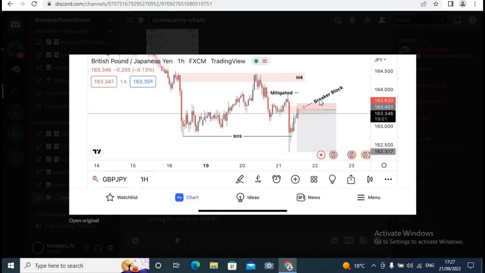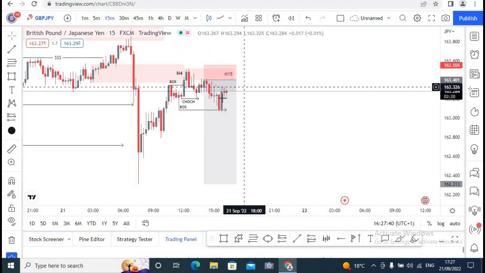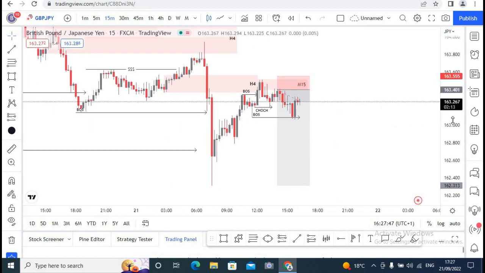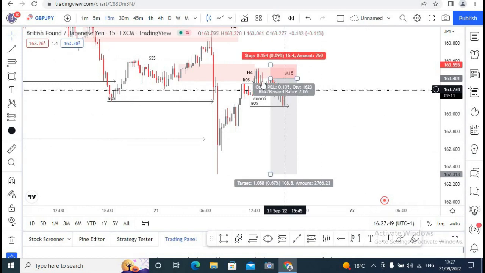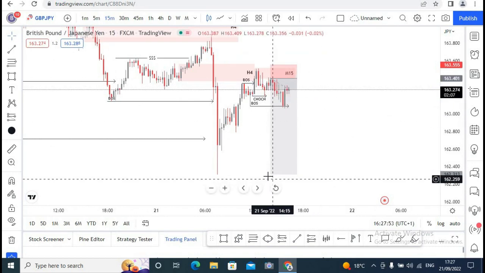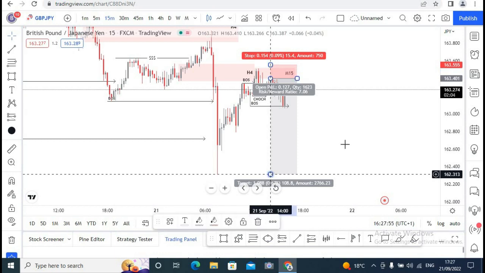Now the price is at the breaker block. That's why I said I'm expecting the price to go to the downside right there, and you can see the price went down, and I just took my first take profit right there, and now I'm risking a low entry or a low lot size to go to this zone area.